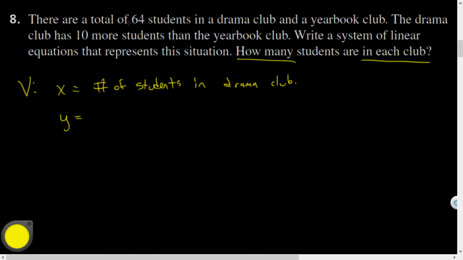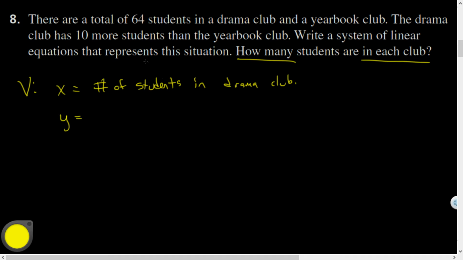If substitution didn't exist and I was just trying to guess it, I would say there are 2 clubs. I would divide 64 by 2, I'd get 32. And then if one of them is 10 more than the other, I can't just add 10 to 32. I would add 5 to 32 and get 37 for one, and 5 less from 32 is going to be 27 for the other. And that's probably the answer.